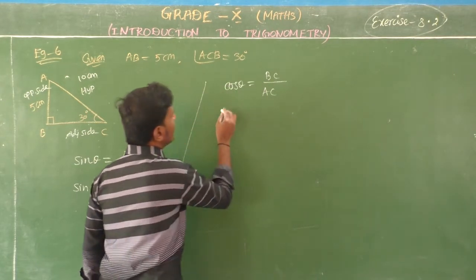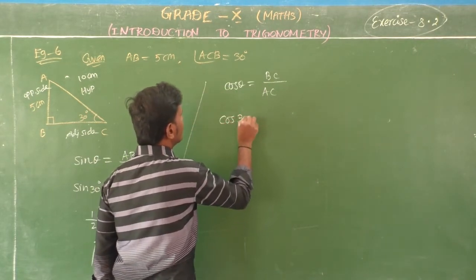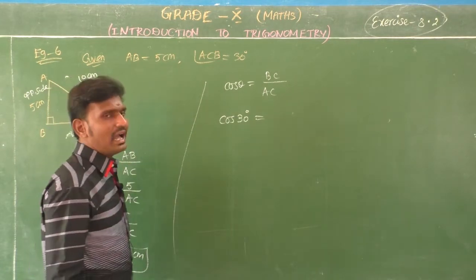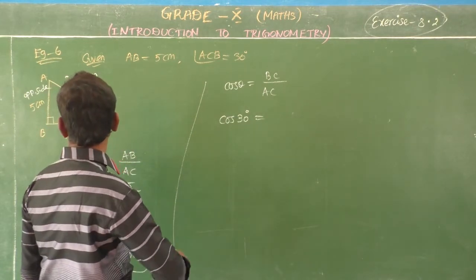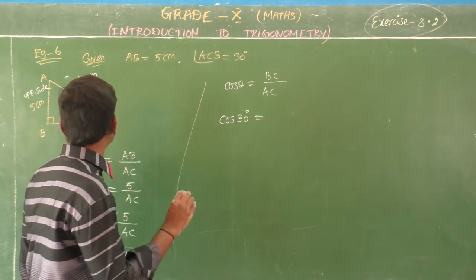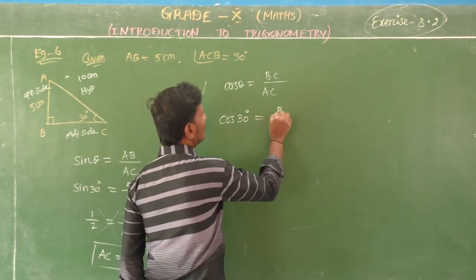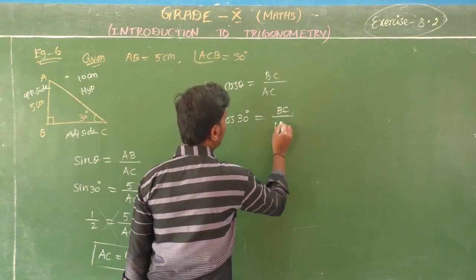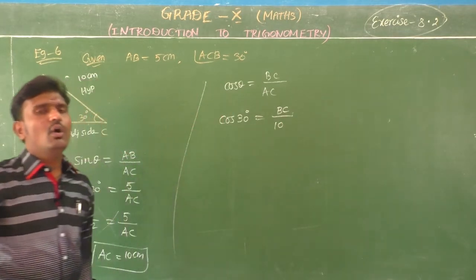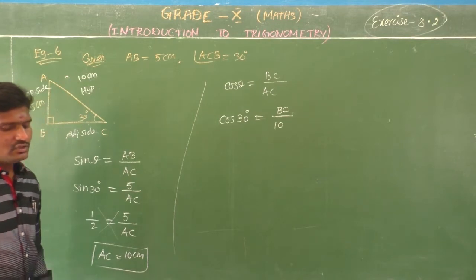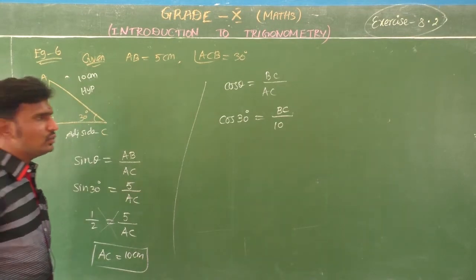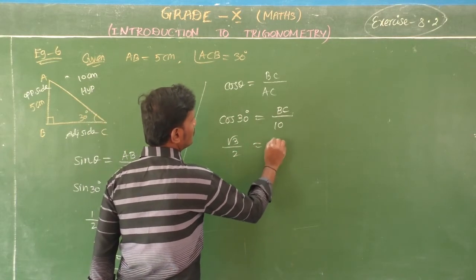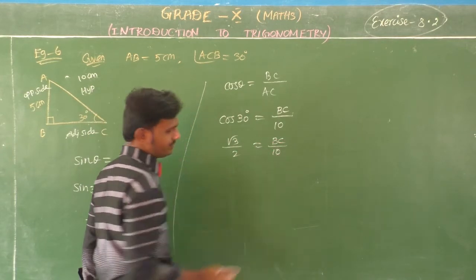Now the value of theta is 30, so cos 30 is equal to BC, which you don't know yet, divided by AC. AC is how much? 10. Okay. Now what is the value of cos 30? Cos 30 is root 3 by 2. Okay. Now root 3 by 2 is equal to BC by 10.